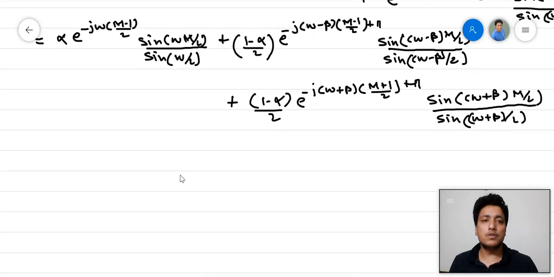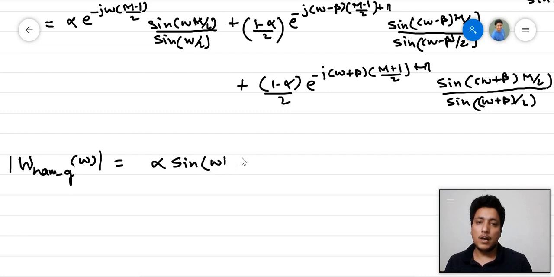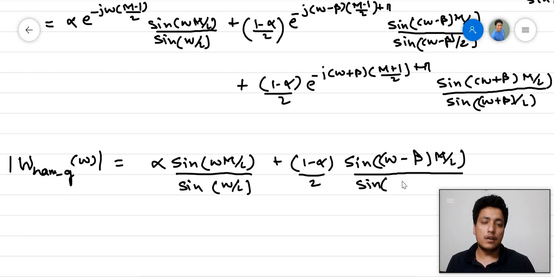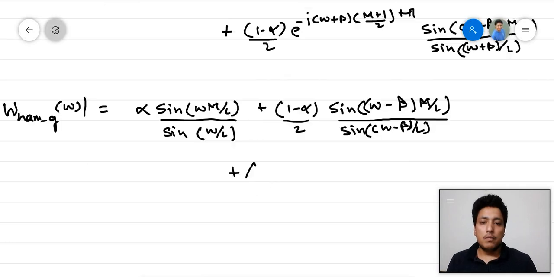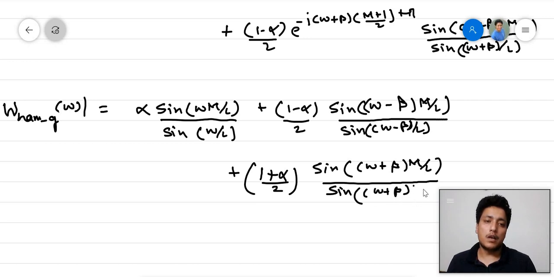Similarly, the response we have obtained, and if we want to find out only the magnitude response, W_m(omega) is equal to alpha sine omega m by 2 over sine omega by 2 plus 1 minus alpha by 2 sine (omega minus beta) m by 2 over sine (omega minus beta) by 2 plus 1 plus alpha by 2 sine (omega plus beta) m by 2 over sine (omega plus beta) by 2.